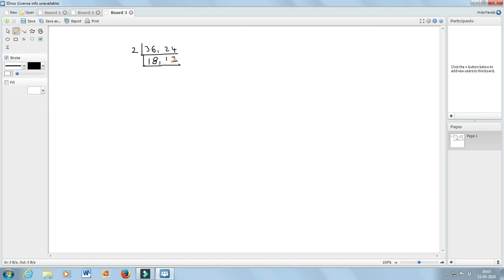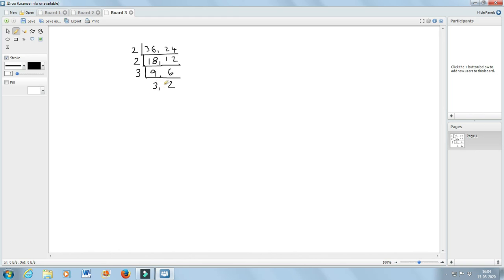Again, I find both of them to be even, so I have 2 over here, and I get the answer as 9 and 6. Now 9 is an odd number, but both 9 and 6 are divisible by the prime number 3. So the lowest prime number which will divide them both is 3. That will give me the answer 3 and 2.